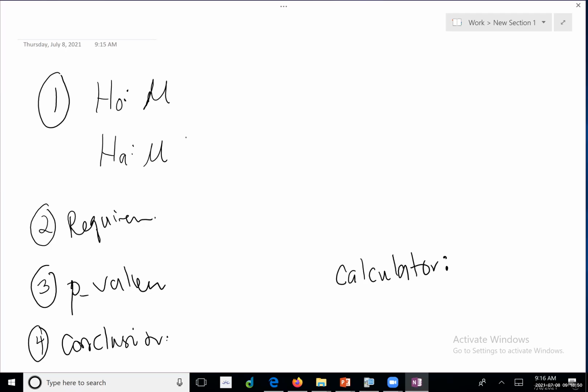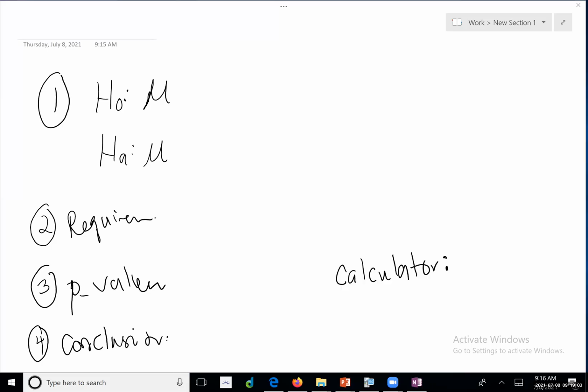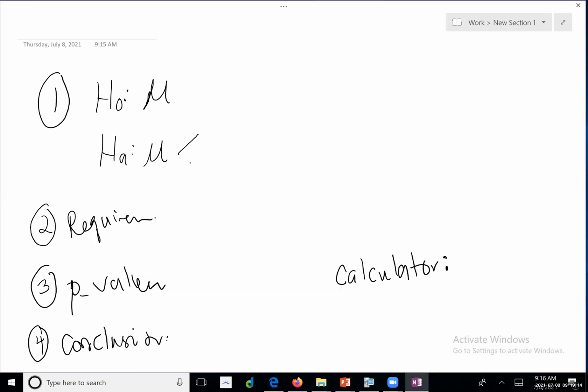The claim says that the mean amount of sleep for adults is less than 7 hours. Less than is the alternative hypothesis. Always equality is null, so this is our null, this is our alternative.